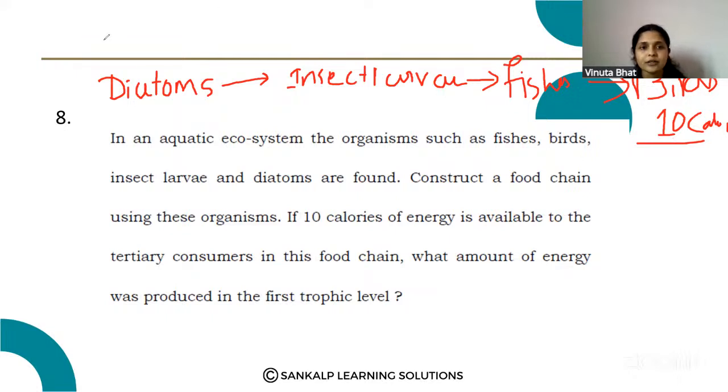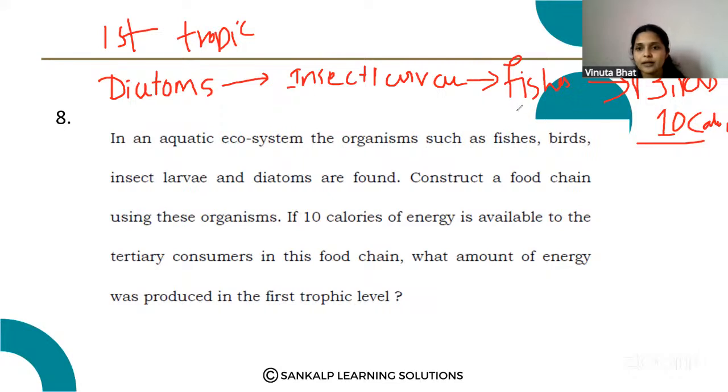First trophic level means diatoms. Insect larvae are at the second trophic level, and the fishes are at the third trophic level. Okay, so here only 10% of energy is transferred to the next level, the bird, so that is 10 calories.